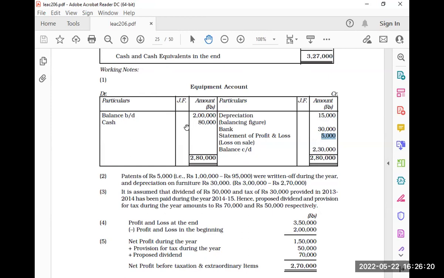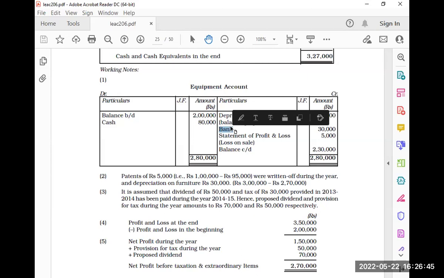So we should know how much it is sold for. That is nothing but 30,000 rupees. Look at this, on this side it is written bank account. Bank account is nothing but sale of equipment. What entry will we make? Bank account debit to equipment account. If you sell, we don't know how much it's sold for. For that only we prepare this ledger account. Debit side: opening balance, purchase, profit on sales.